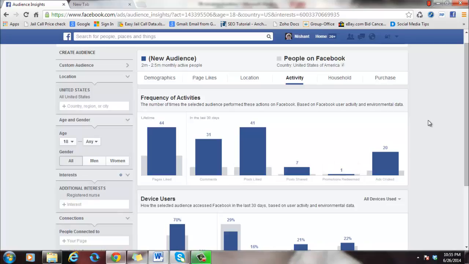We could maybe run a contest where you make your entry qualification a post share, because for a fact, just by looking at these numbers, as many as 6 times more people than a normal person who shares this post are going to like it anyways. So instead of incentivizing a like on that particular post as a contest rule, you can do a share for that contest rule, and get people sharing this.